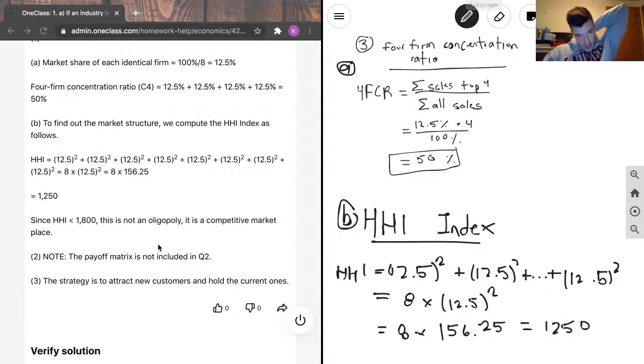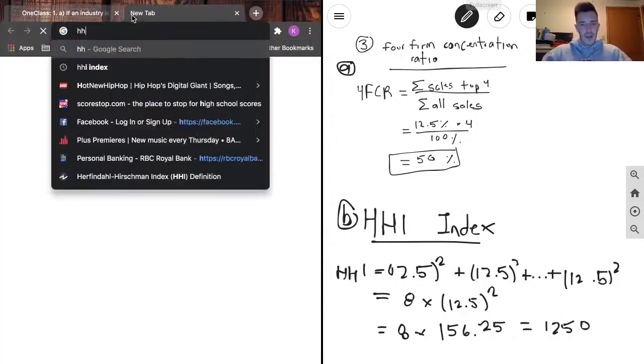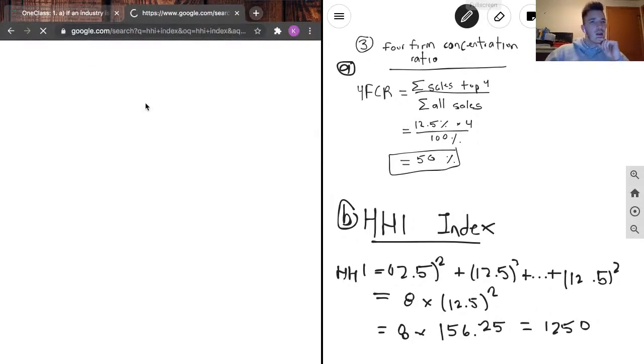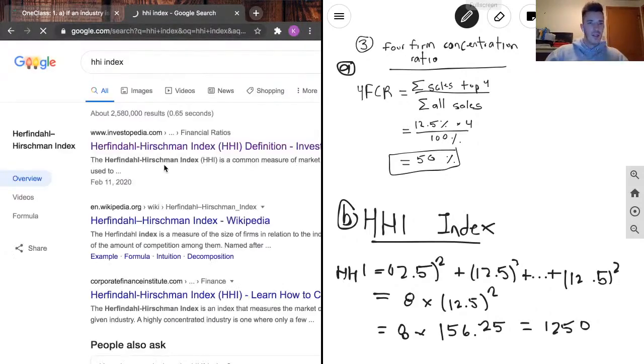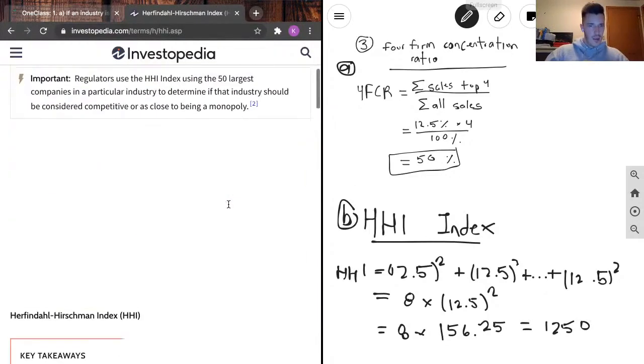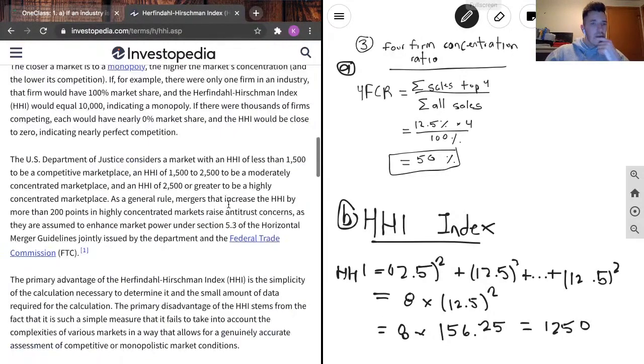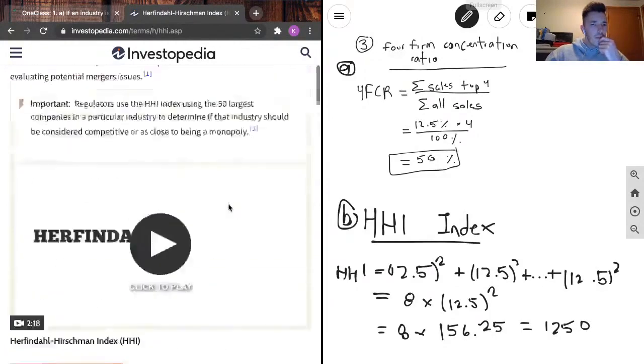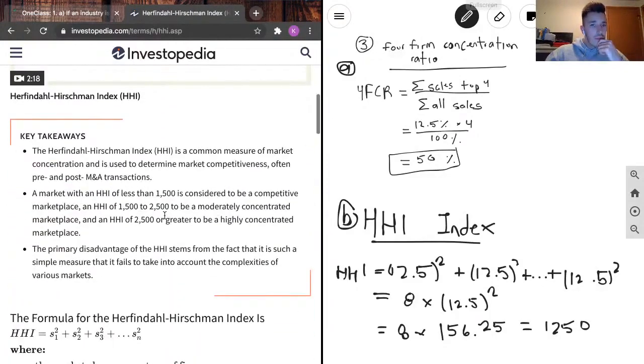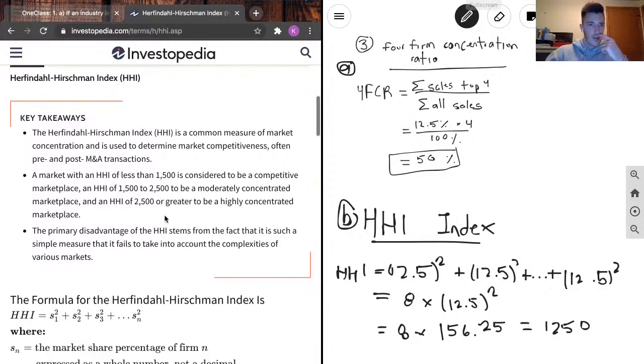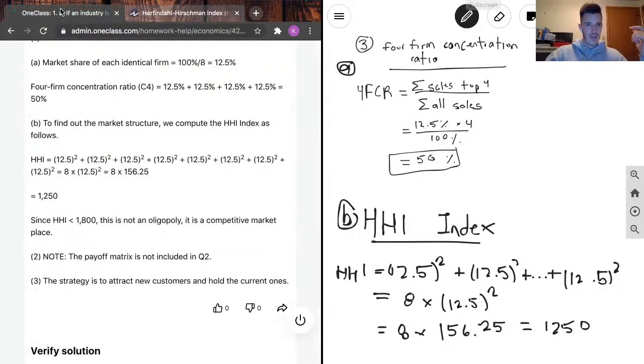Our junior tutor says, since HHI is less than 1800, it is a competitive marketplace, but I thought they referred to it as 1800 in this document here, and that's how I seem to remember it from undergrad. Or 1500, sorry. Or am I getting myself confused?